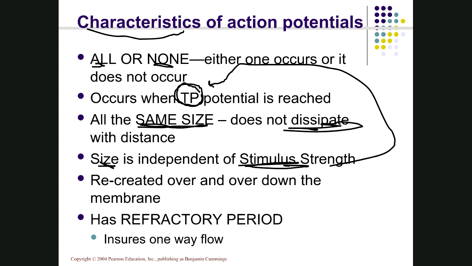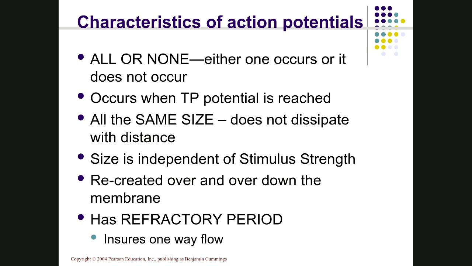And then remember, they're recreated just like dominoes falling over and over and over down the membrane. And then don't forget, they have a refractory period, this reset period. And that makes sure that they only flow in one direction.